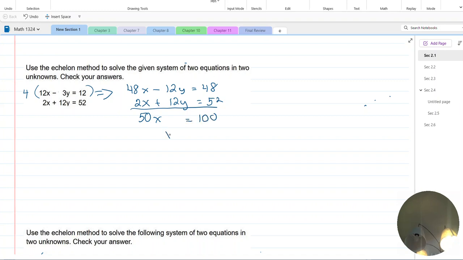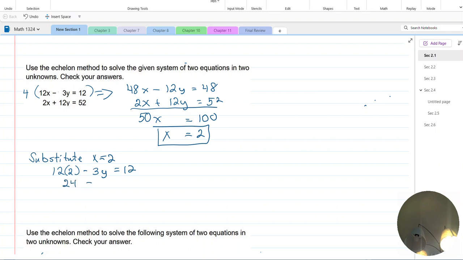So if I divide by 50, I get a 2. And we can see that we can manage this very easily. So now I have one part of the solution. So my next step is to substitute x equals 2 into the equation. 12 times the 2 minus 3y must equal 12.